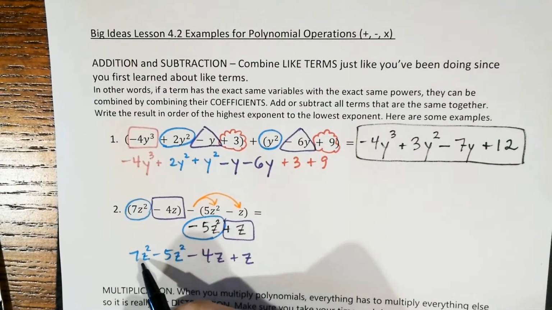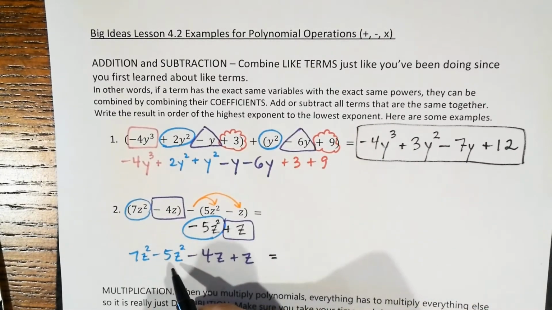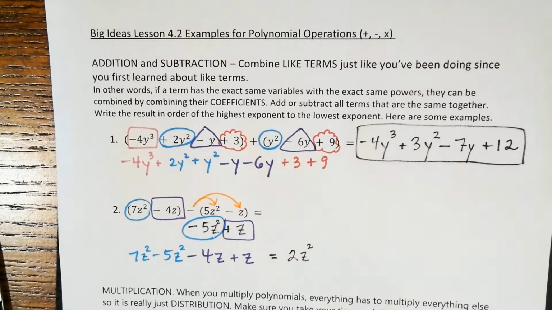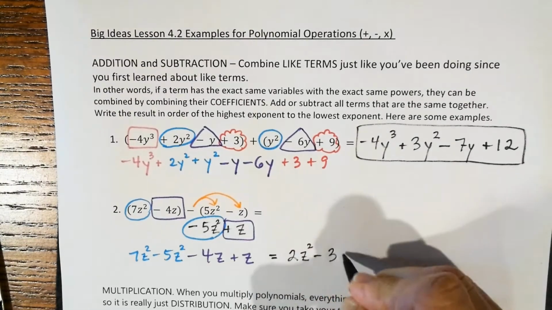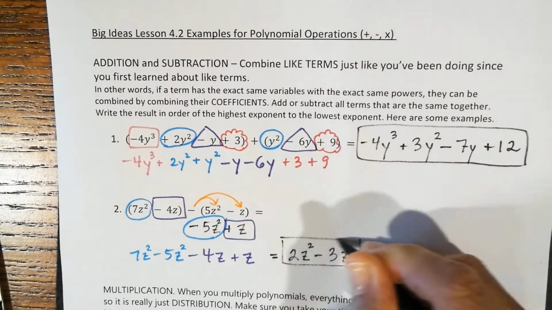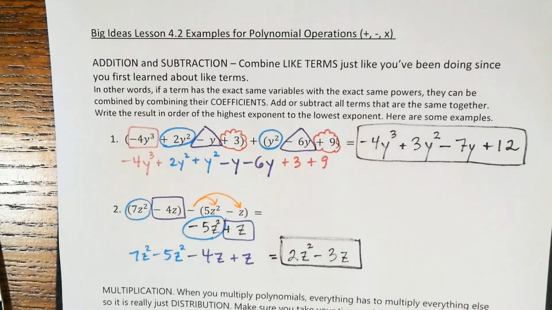So now there's 7 z-squareds here, and I'm taking away 5 of them, so I have 2 z-squareds left. And then this is minus 4z plus a 1z, so that's going to be minus 3z. And that's my final answer because the z-squareds are first, and then the z to the first is second. So it's in order, left to right.